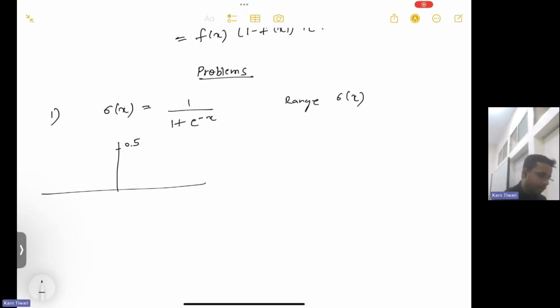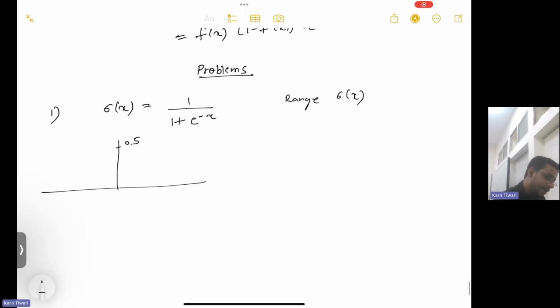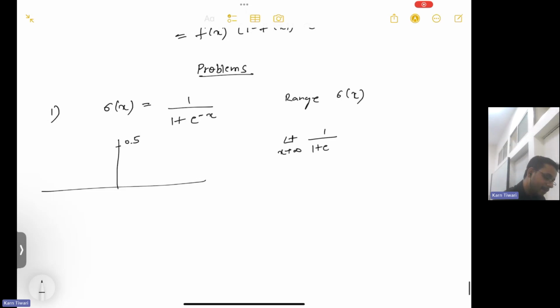Okay. Now, this function, the limit as x tends to infinity of 1 divided by 1 plus e to the power minus x.